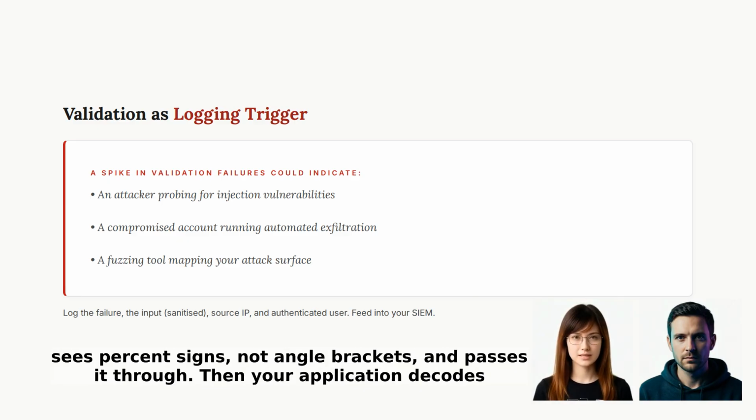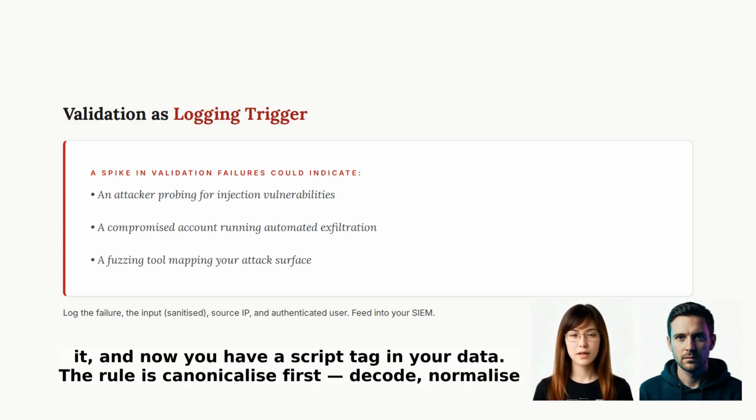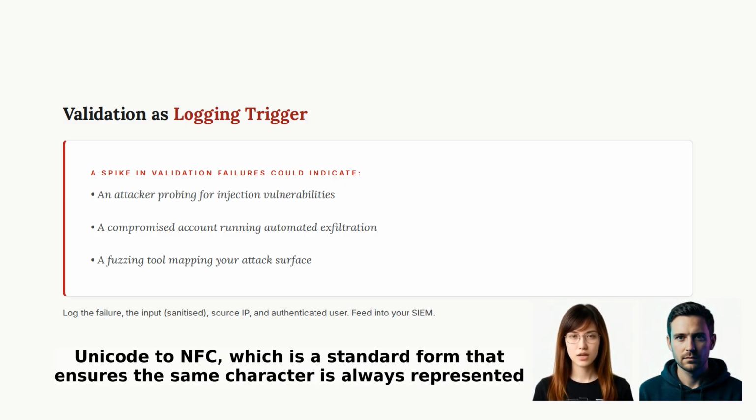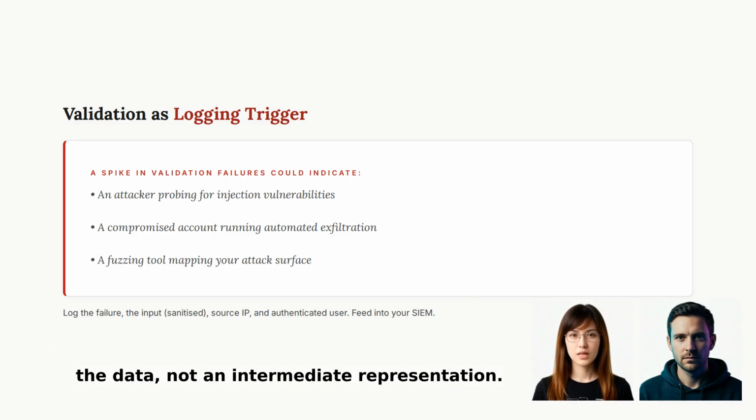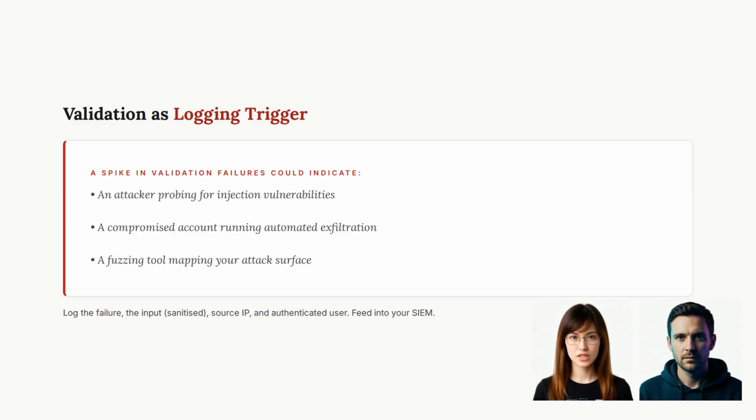Your validator sees % signs, not angle brackets, and passes it through. Then your application decodes it, and now you have a script tag in your data. The rule is canonicalize first. Decode, normalize Unicode to NFC, which is a standard form that ensures the same character is always represented the same way, resolve any encoding layers, then validate. Always validate the final form of the data, not an intermediate representation.